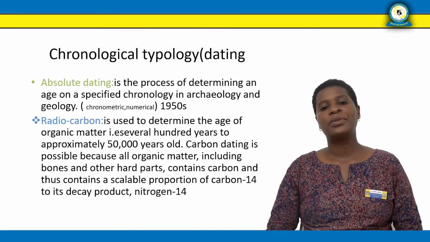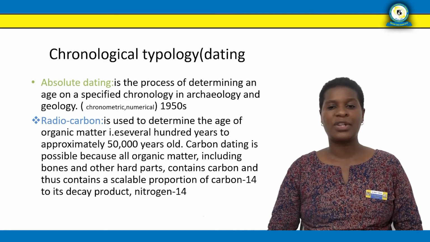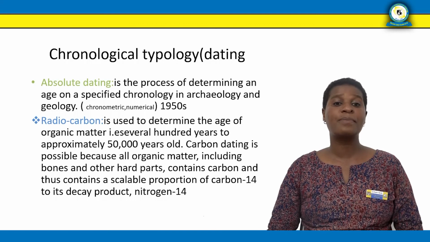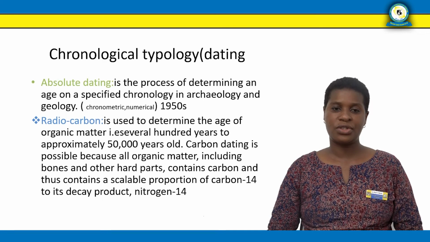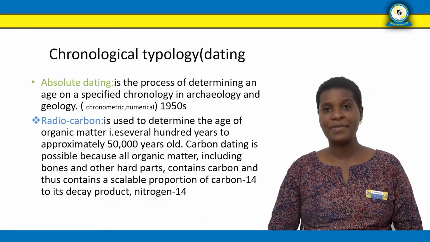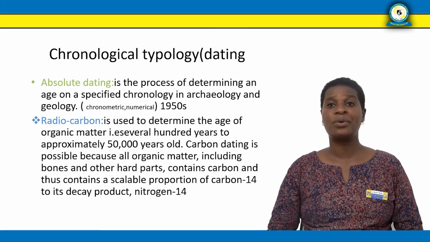Then we come to the second type of chronological typology or archaeological dating, which is absolute dating. This is the process of determining the age of a specified chronology in archaeology as well as geology. Sometimes you might find it called chronometric dating or numerical dating.